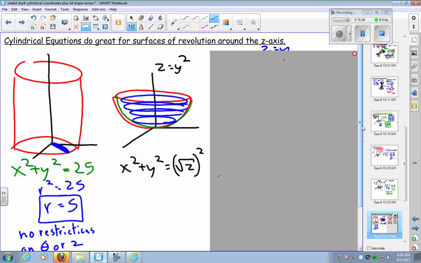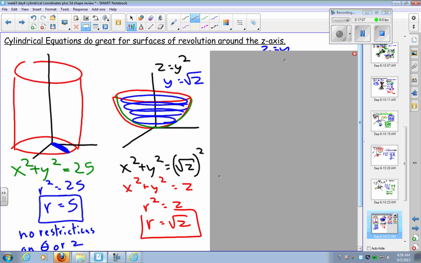The reason is because I can solve this and say y equals the square root of z. That turns into x squared plus y squared equals z, which means r squared equals z, which means r equals the square root of z. And that right there defines the elliptical paraboloid. Instead of x squared plus y squared equals z, it drops right down to that, again because you have a surface of revolution around the z-axis.